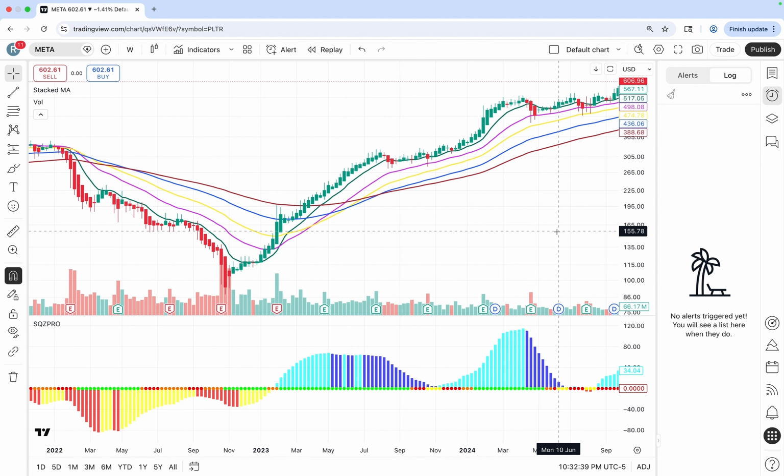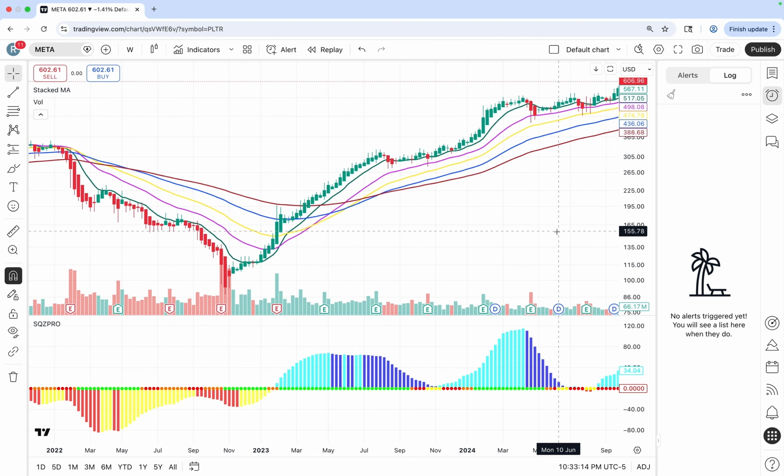Before I found the squeeze, I was kind of searching for indicators that worked best for me, and I just couldn't really get the one that worked best until I found the Squeeze, and it made trading a whole lot easier, which I am grateful for. I never trade without it. This is on every one of my trading screens, along with my stacked moving averages, and it has helped me become a much better and much more profitable trader.